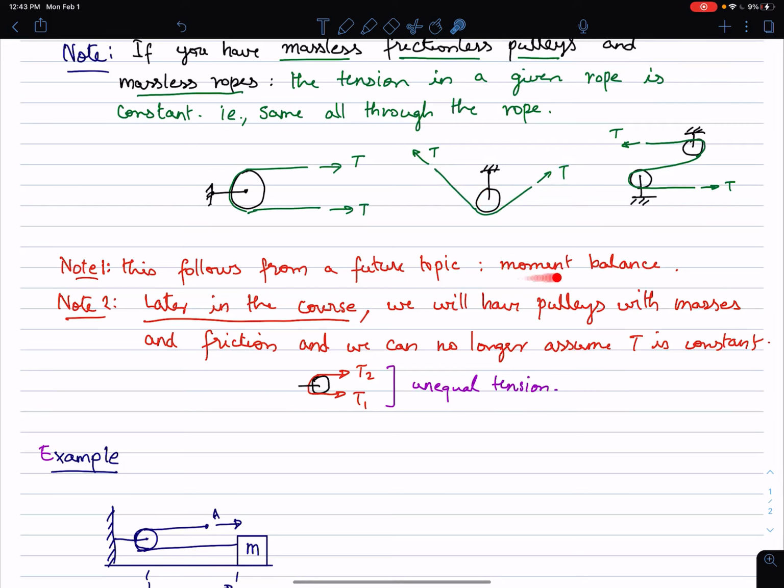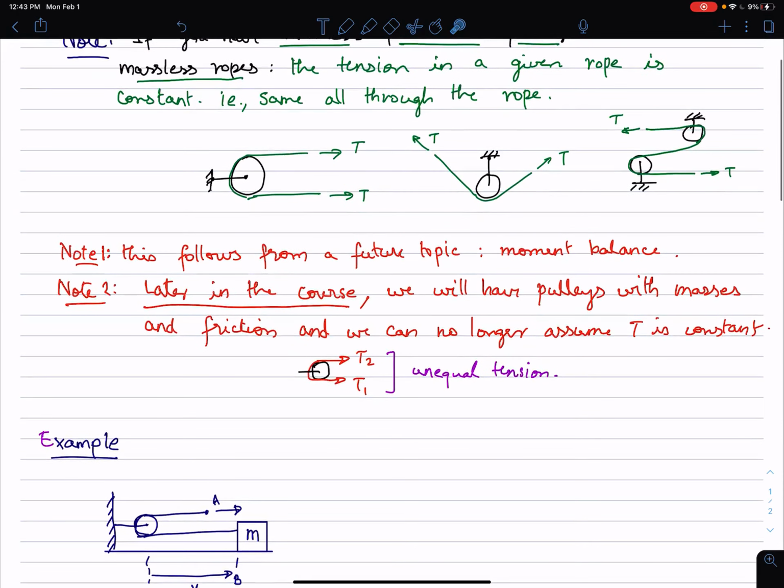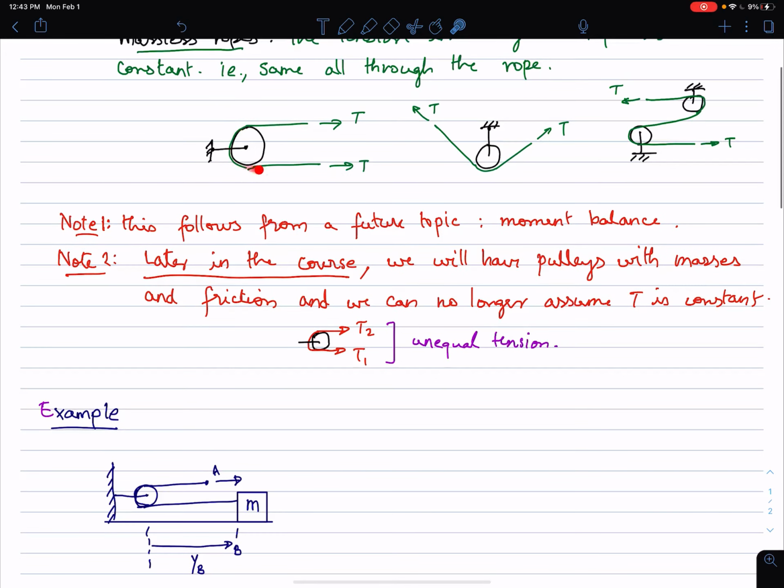So that's basically the argument for this. Because the object doesn't have mass, it turns out that the total moment should be equal to zero. Okay. So again, like we said, we'll talk about this later on. But to actually do the problems right now, we will need to use this principle that the tension remains a constant.